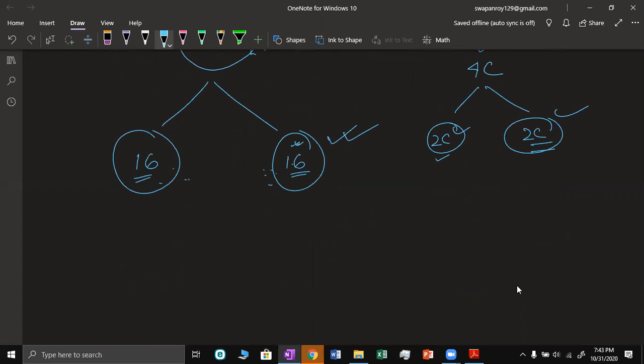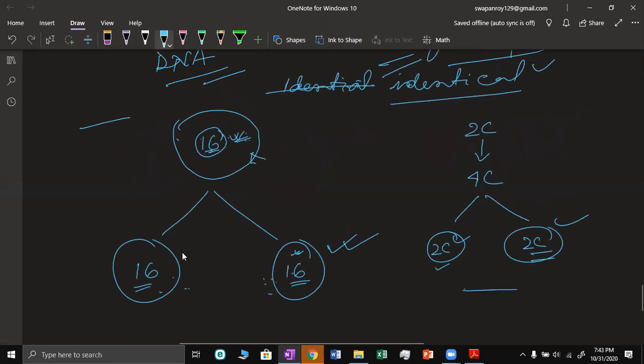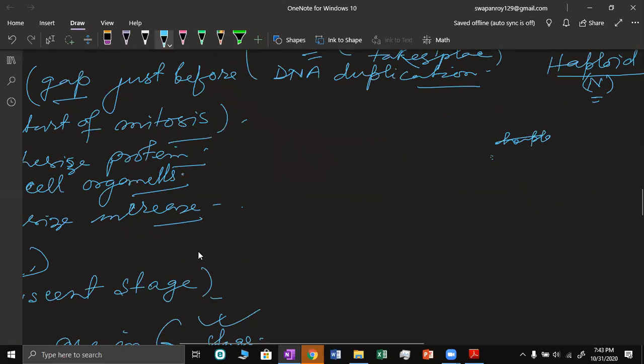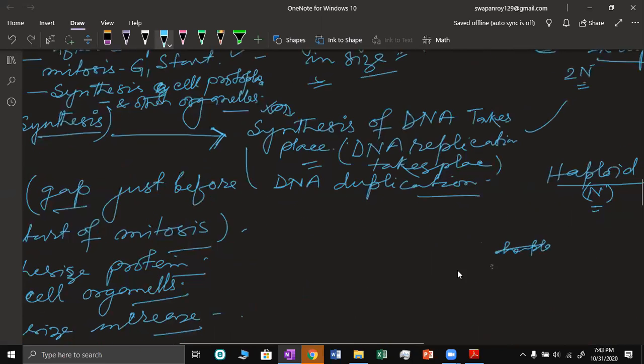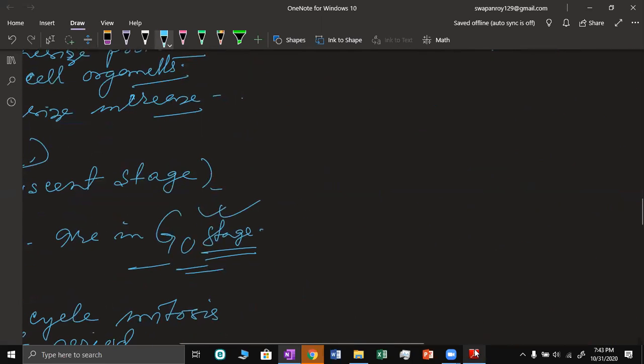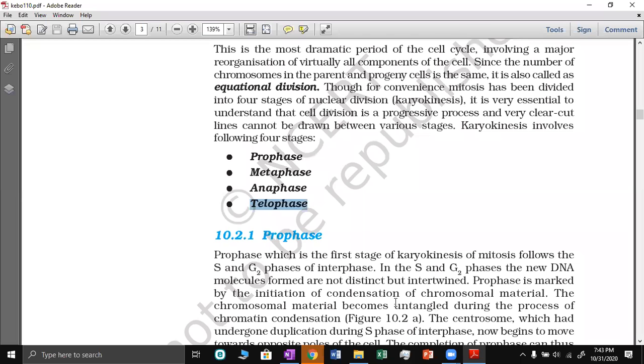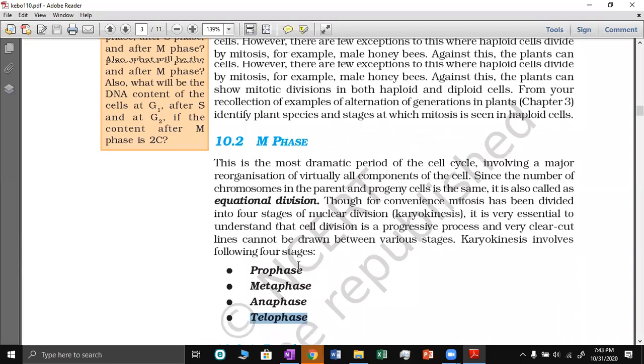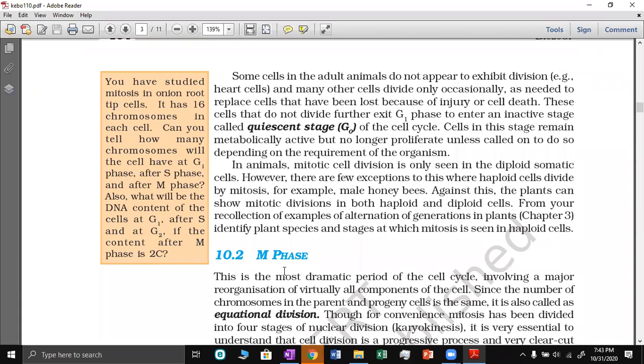But I think today we cannot complete this cell division. If I start that, I cannot finish it. Only 2 or 3 minutes are there. In between, if you have any question, any doubt, you can ask. Do you have any? No, sir. So from your book, you can go through what is the quiescent stage.